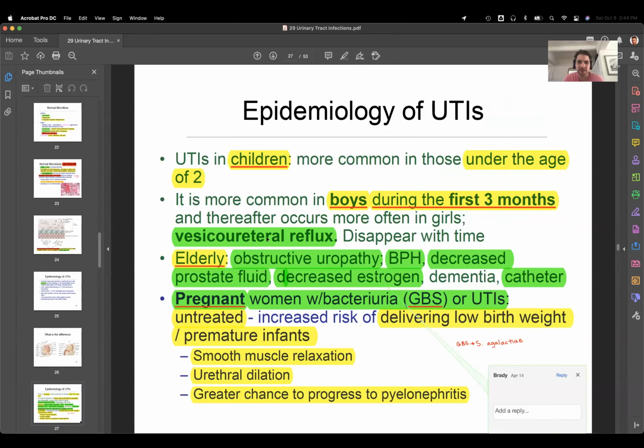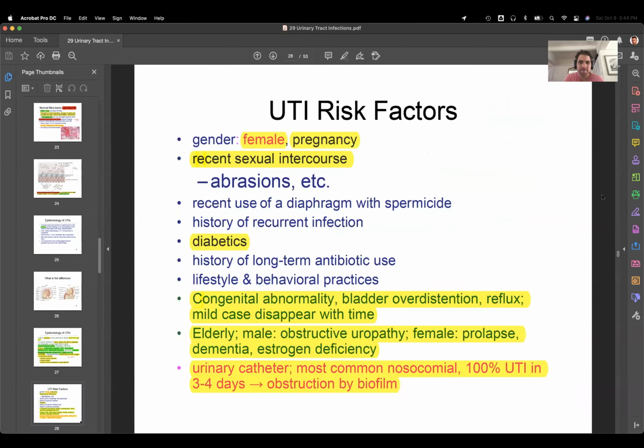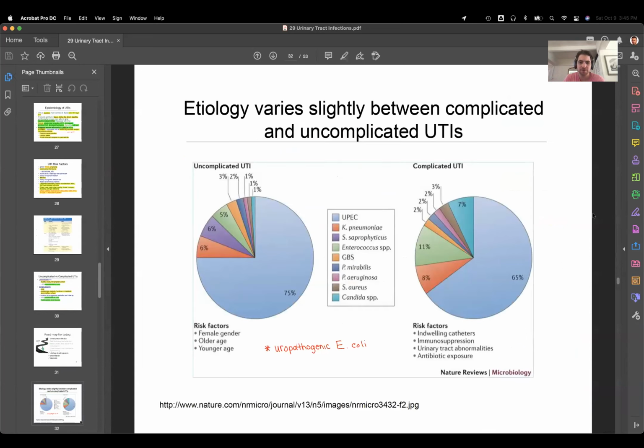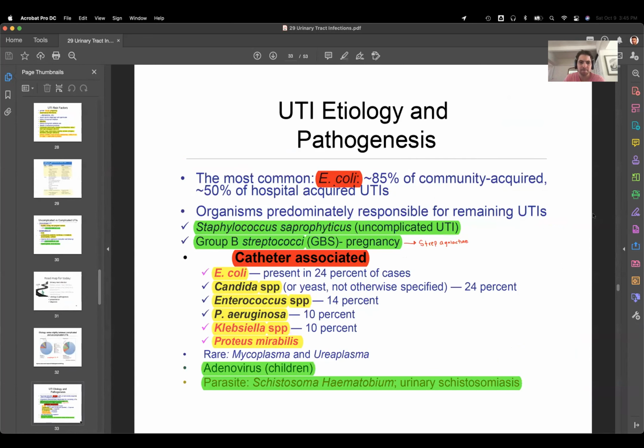Right, and this vesico-ureteral reflux is what you're worried about when that cystitis goes into pyelonephritis. Right, but primarily, if they don't give you any other information, E. coli is going to be your first thought for cystitis. Catheter associated, again, E. coli, Klebsiella, Proteus. Those are common on the skin flora, so they're going to come up.